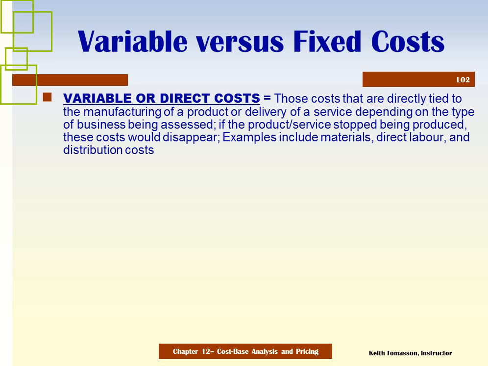Distribution costs, transportation costs often are considered variable costs because if we don't ship items to customers, our sales disappear, those costs would disappear as well. So variable costs are directly related to the sale or production of a good or service.